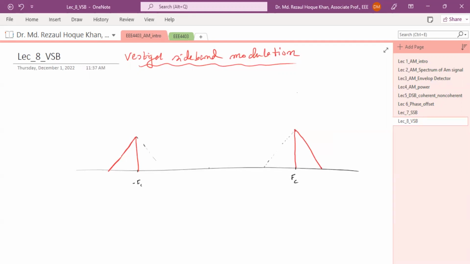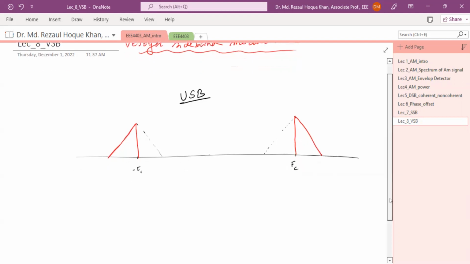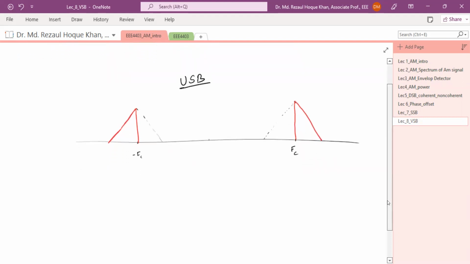This is the upper sideband, and it is passed through a practical high pass filter.